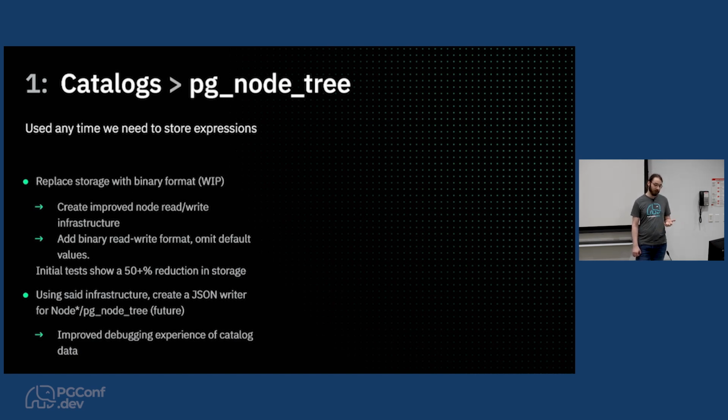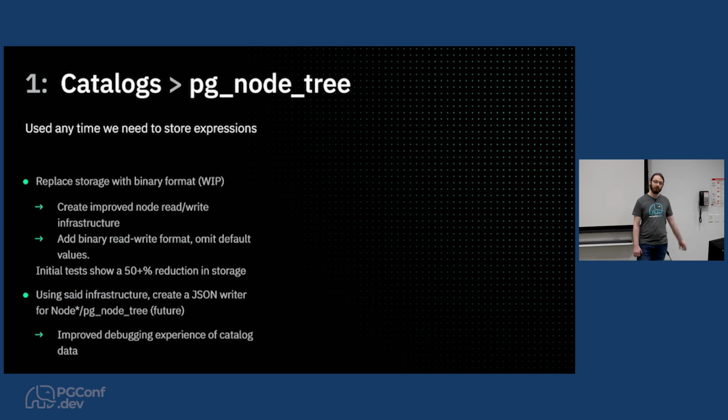The initial tests show a significant reduction in plain text storage, which should be even better after compression. And also the performance of writing it out and reading it out is quite significantly better. And using the same infrastructure, also a textual format can be relatively easily implemented.